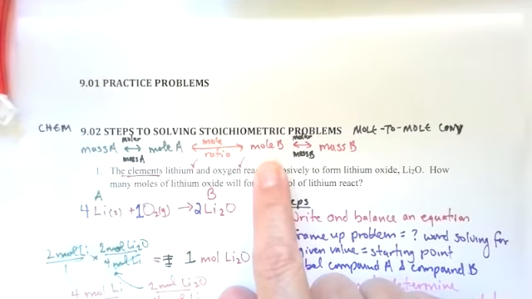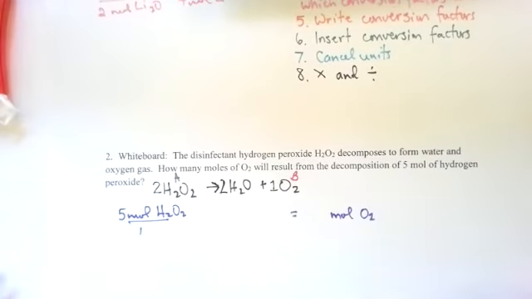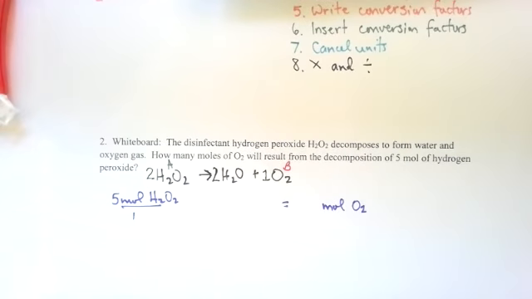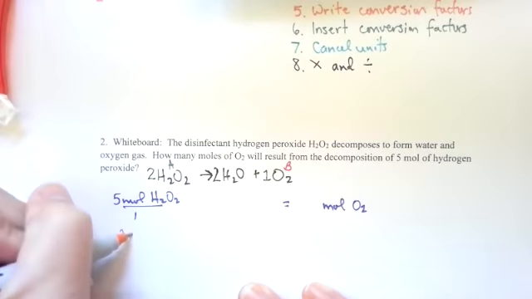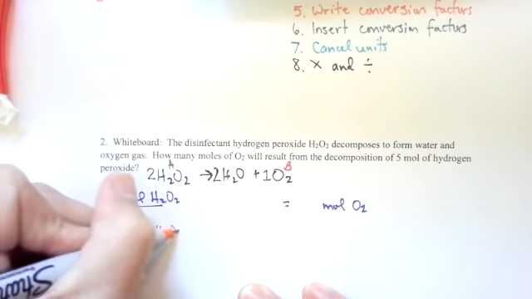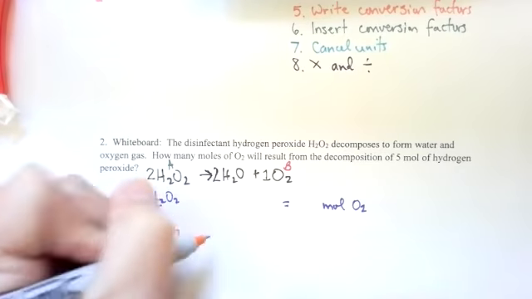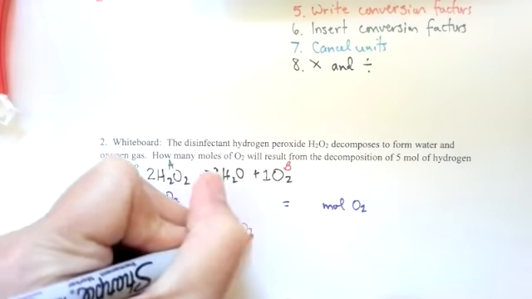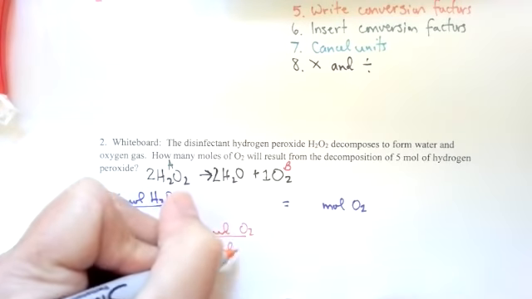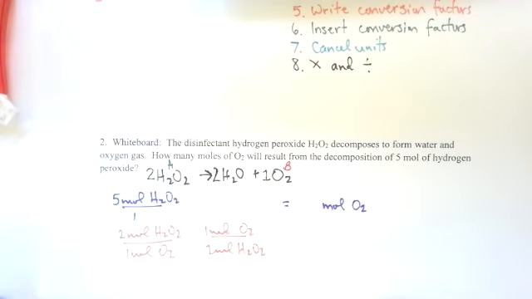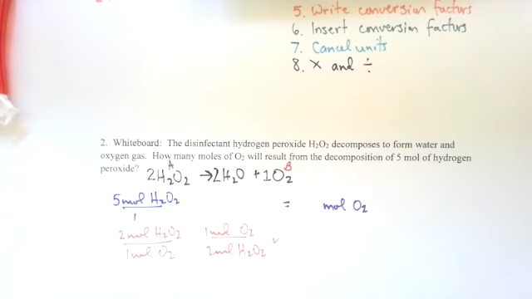All I need is the mole ratio. So that's the conversion factor I need. I'm going to write that conversion factor. I've got 2 moles of H2O2 to 1 mole of O2, or I can write 1 mole of O2 to 2 moles H2O2. It's going to have to go in like this when I insert it.